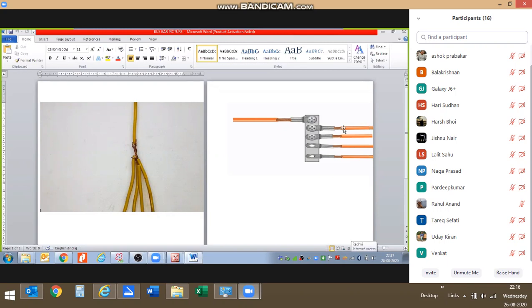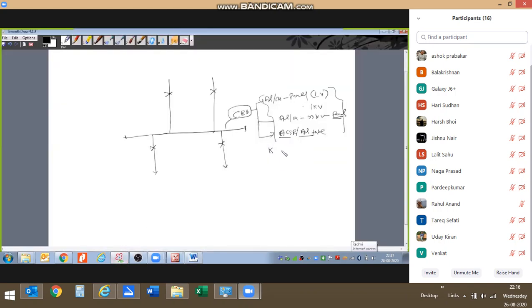I hope my point is clear. I'm just trying to make it very, very basic and very, very easy, so that we can understand what is happening and why we are taking this bus bar. Bus bar works on the principle of the Kirchhoff current law.